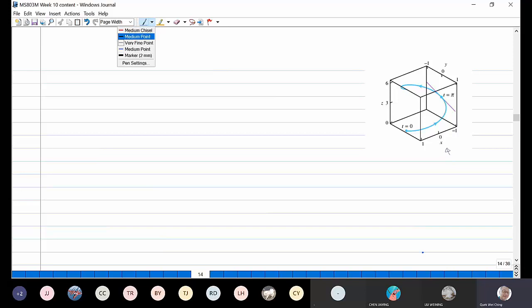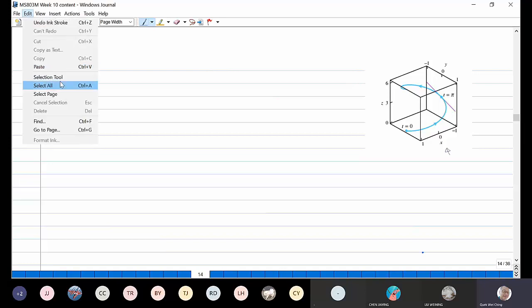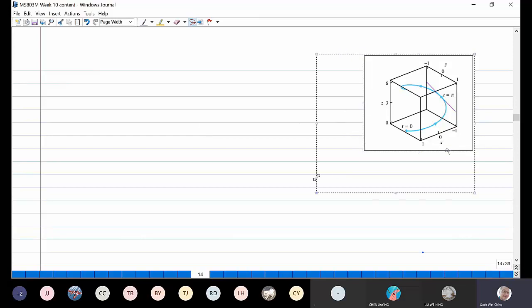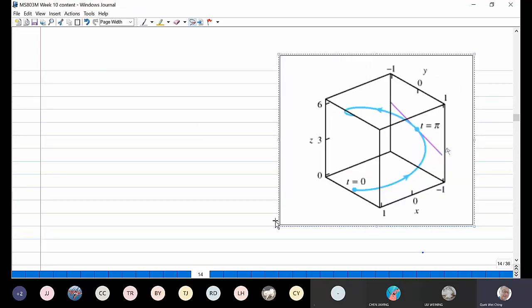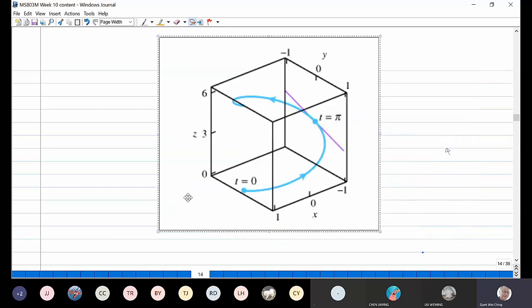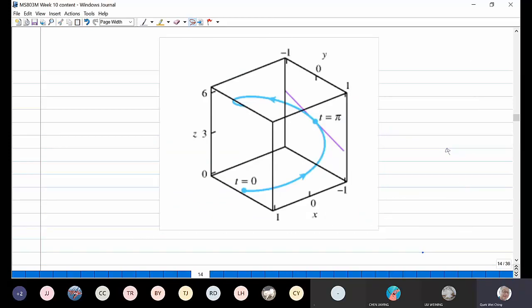Let me blow up the graph a bit so I can adjust the size and you can see clearer. So this is the circular helix here, and this is x equals 0.